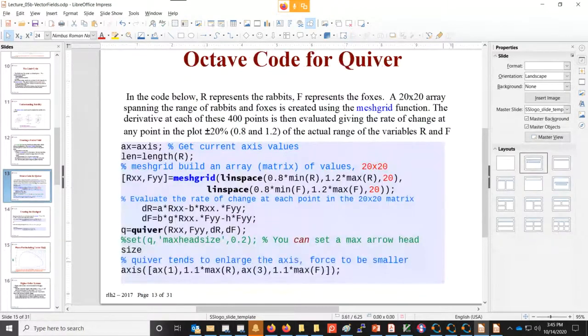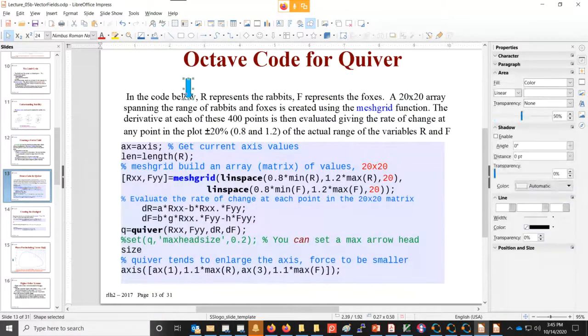So the way we do that is we're going to use the meshgrid function, and I'm using the minimum value of rabbits and the maximum value of rabbits to find my range, and I'm just going to say give me 20 in the x direction in terms of rabbits, and give me 20 points in the y direction for the foxes.